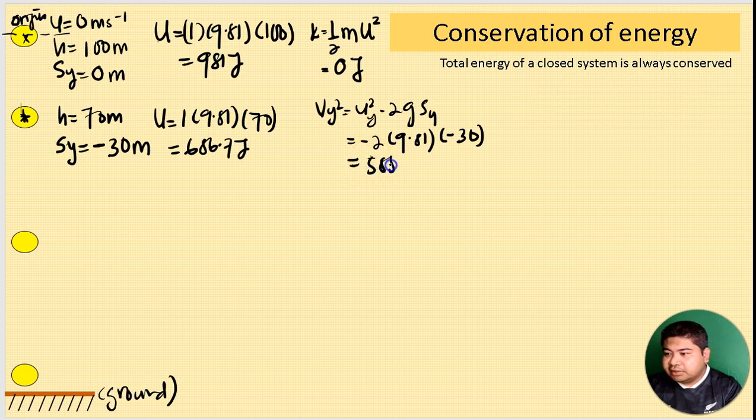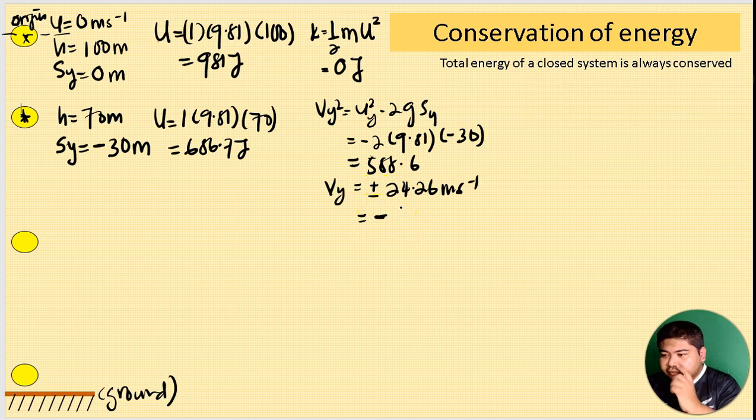So this is the value of Vy squared. So Vy is equal to plus or minus 24.26 meters per second. But because the ball is falling downwards, we are going to take the negative value.